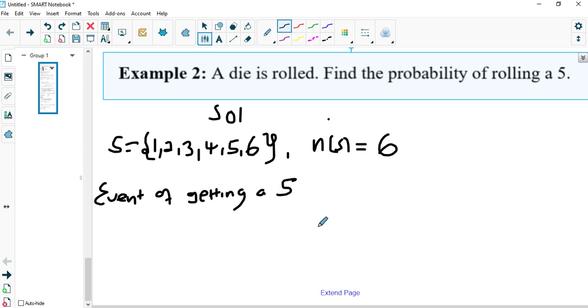Now from there, you need to summarize the total number of the favorable outcome, not possible but favorable. The number of our event: can you see now? There's only one 5 here. So I'm going to say the number of event is 1.